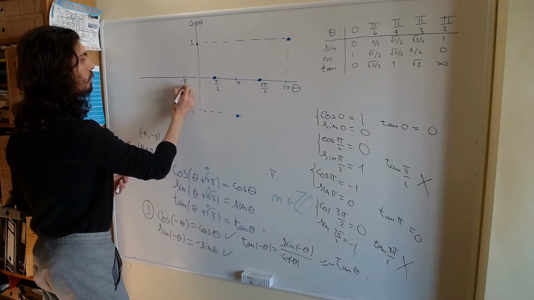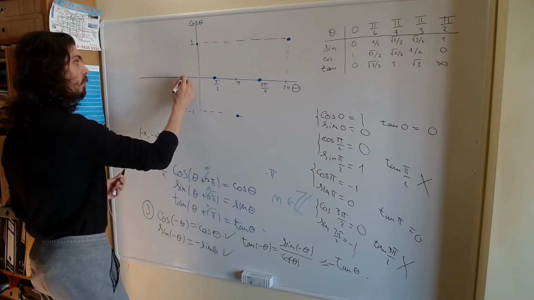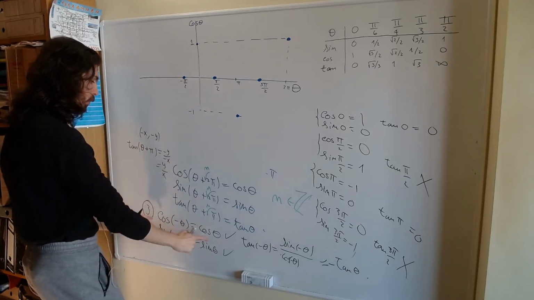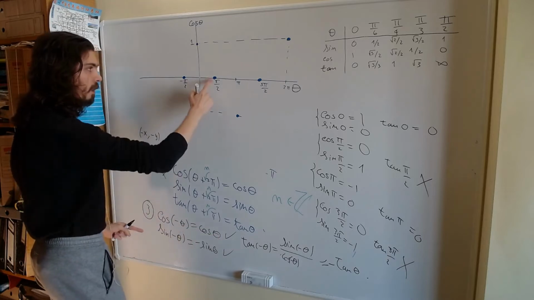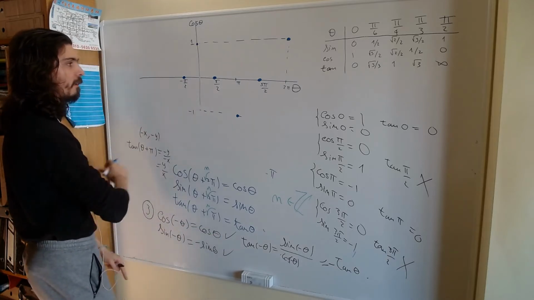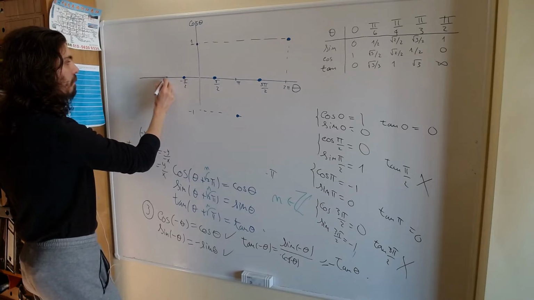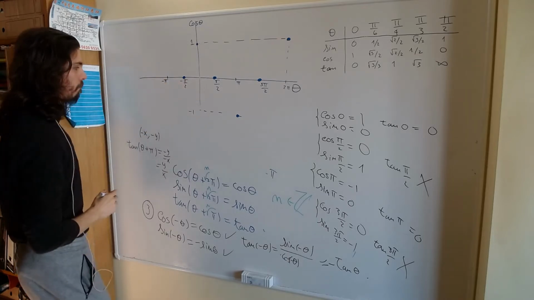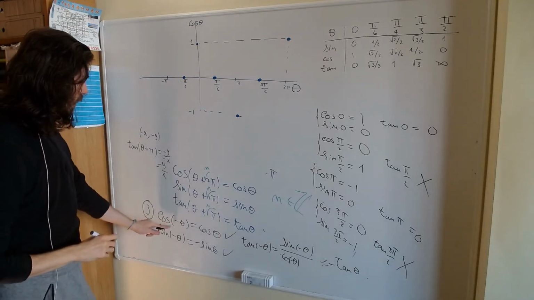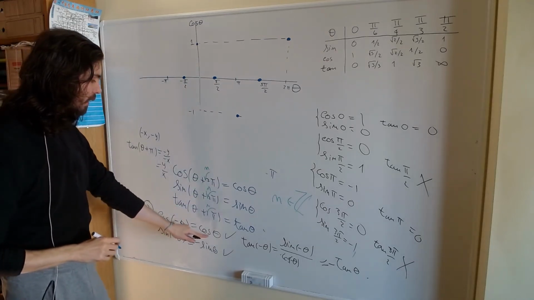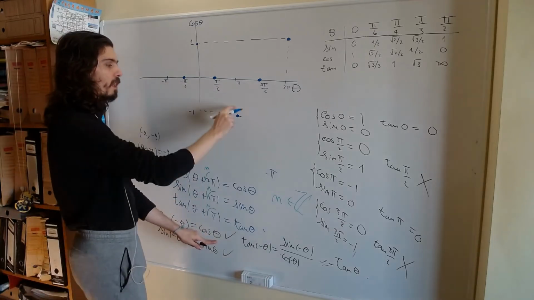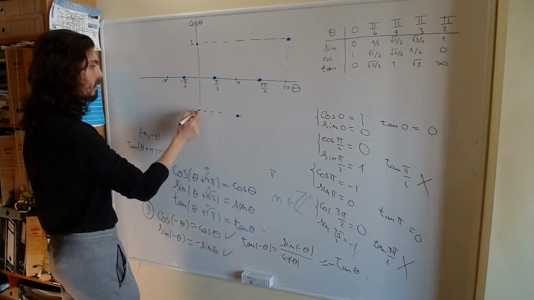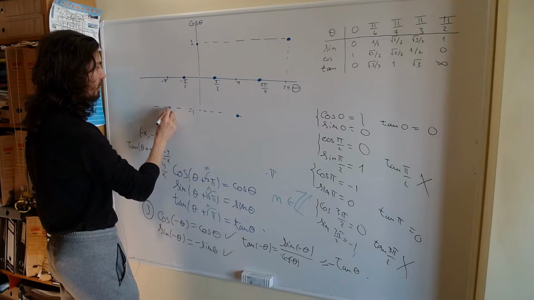Minus pi over 2. Well, it's 0 here. Just use this rule. Substitute theta by pi over 2, and you get this result. What about pi? Let's first mark pi on the horizontal axis, the input, right? Minus pi. Well, cosine of minus pi is the same thing as cosine of pi, but cosine of pi is minus 1. So it's minus 1 here as well. Here is the point.